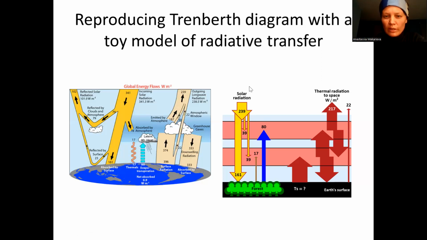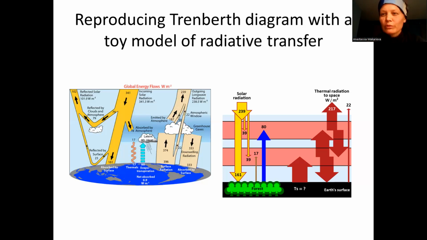So there is 239 watts per square meter in and 239 watts per square meter of thermal radiation out, of which we also consider that 22 goes through the spectral window. It means that it goes from the Earth's surface, okay? So you can see 217 and 22.